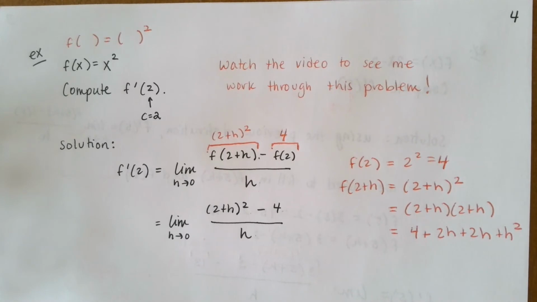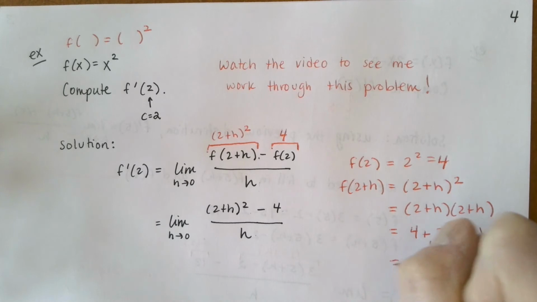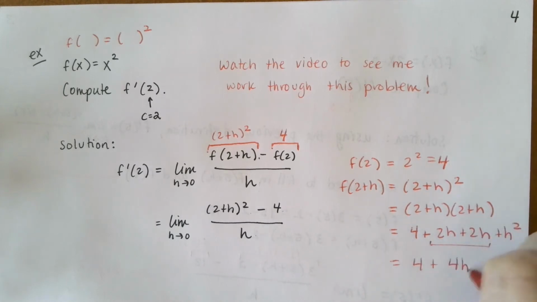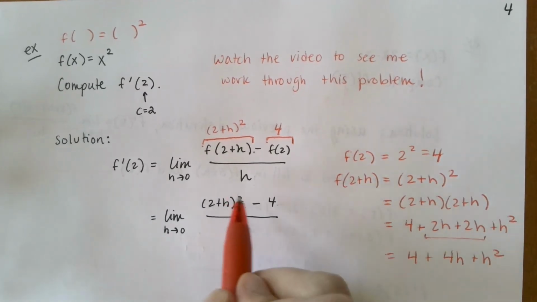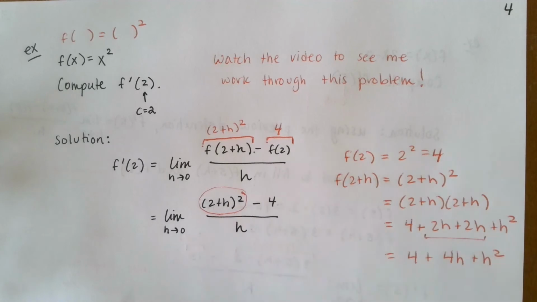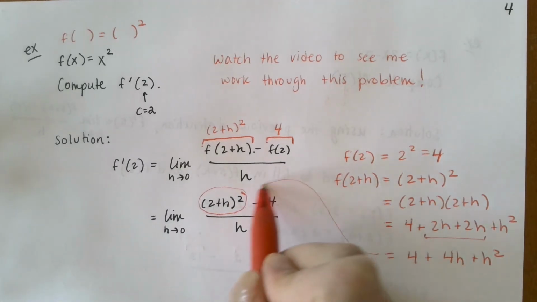And I can simplify the plus 2h plus 2h. I can make that a plus 4h. So this 4 plus 4h plus h squared is what I'm going to plug in this spot in the next step. So all of that goes here.